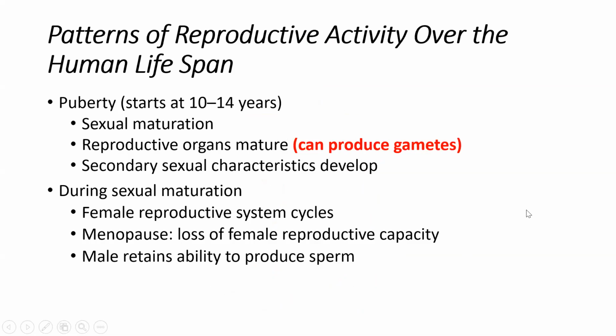Okay. So here we'll speak about the patterns of reproductive activity over the course of the human lifespan. So there are different phases of reproduction, right? Fetuses are not born with the immediate ability to reproduce, but they begin to develop this ability at around puberty. So at around 10 to 14 years of age, we begin to see sexual maturation.